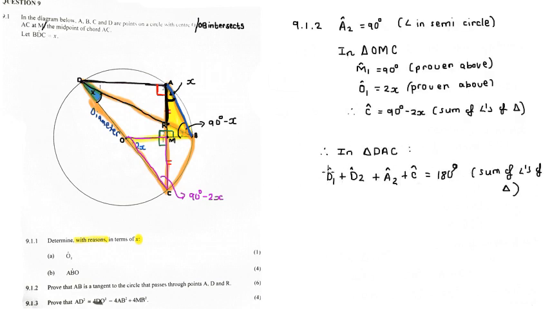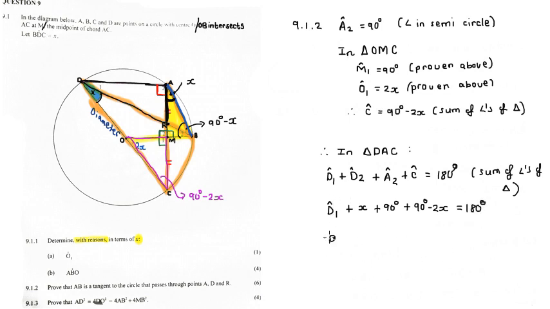So if we do our substitutions to calculate angle D1, for angle D2, that is x, plus angle A2, which is 90 degrees, plus angle C, which is 90 degrees minus 2x. All of this must equal 180 degrees.